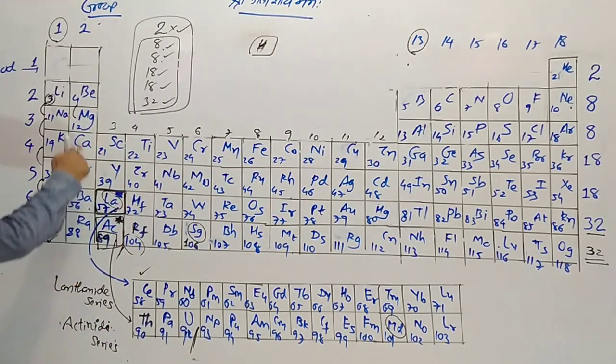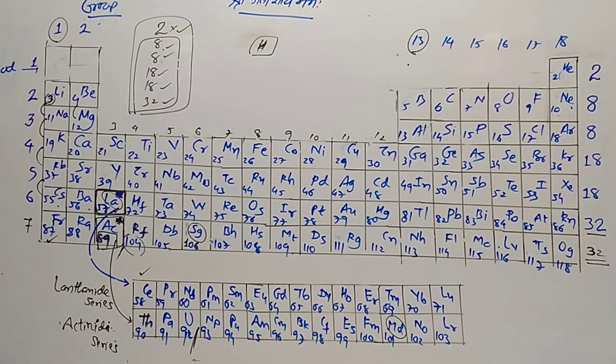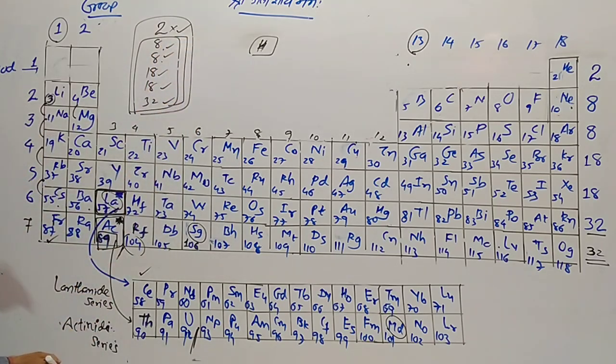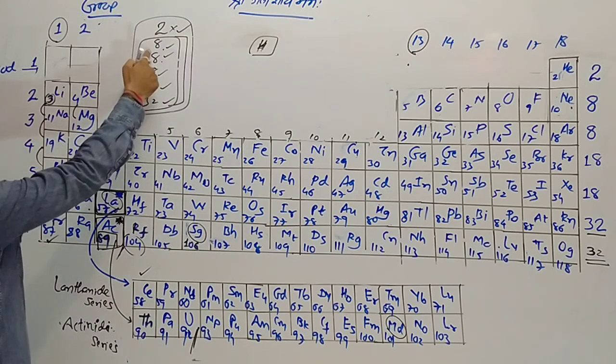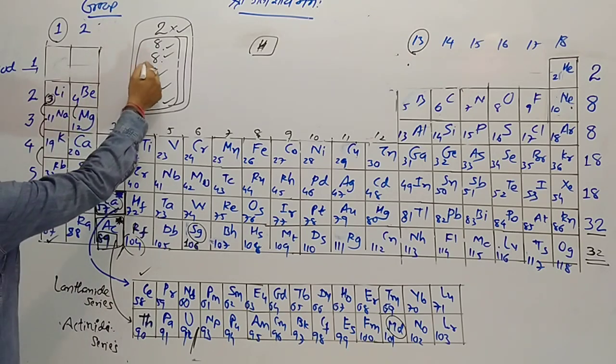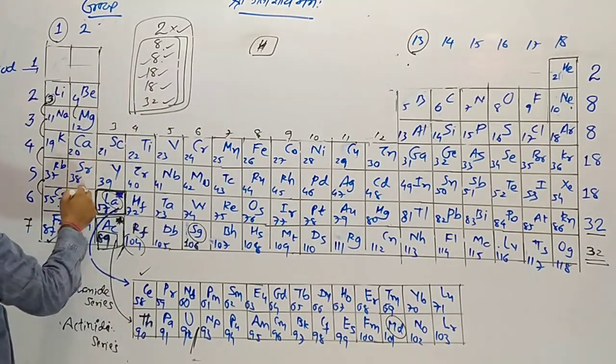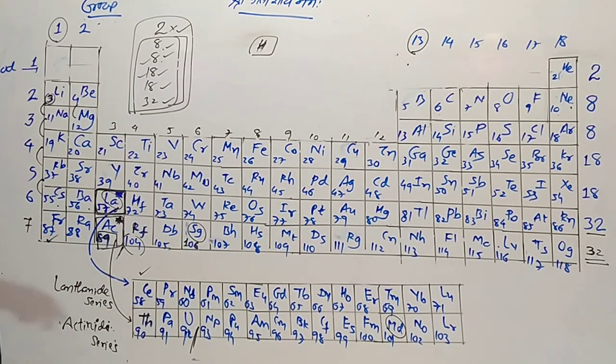Here elements are 6 and all the 6 are natural, so we will use 5 codes. 4 plus 8, 12. 12 plus 8, 20. 20 plus 18, 38. 38 plus 18, 56. 56 plus 32, so 88 is radium. Beryllium, magnesium, calcium, strontium, barium and radium.